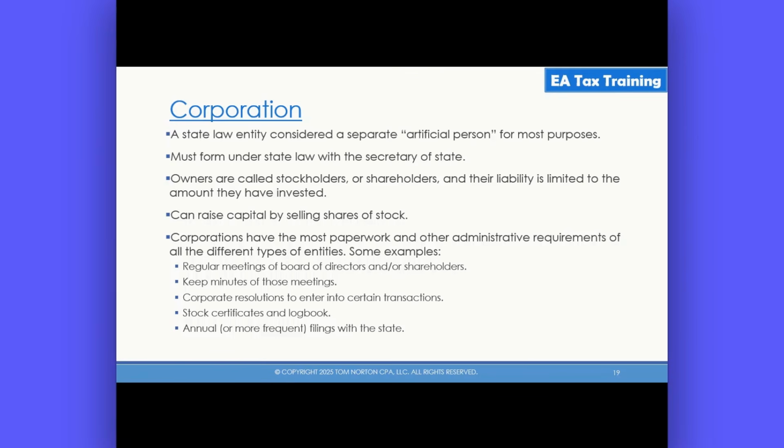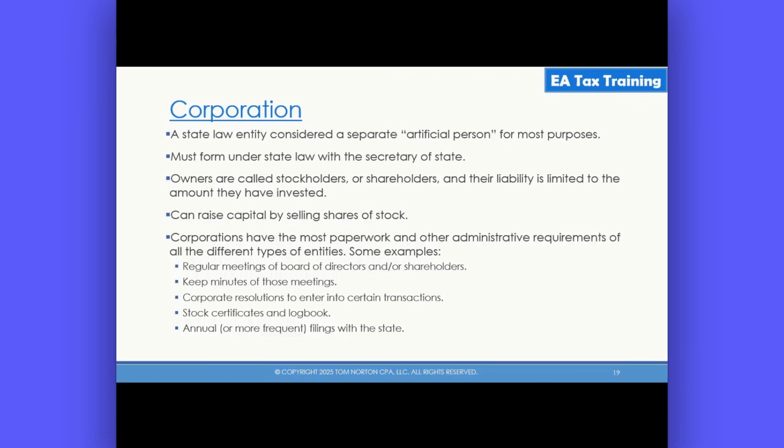Now, corporations do have the most paperwork and other administrative requirements of all of the different types of entities. So, for example, the corporation has to have a board of directors, and that board of directors has to have regular meetings. Usually, they have to be at least annually. You have to keep minutes of those meetings. You have to have corporate resolutions to enter into certain transactions.